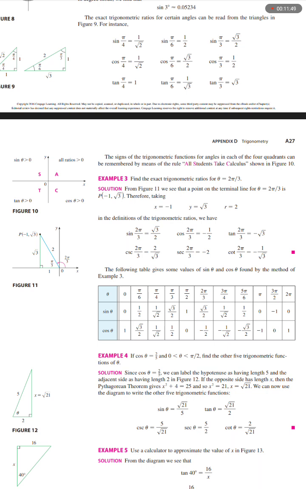And along the x-axis is negative 1, distance is 1, and square root of 3 is the other side of the triangle, the opposite of pi over 3. Alright, back to the text.